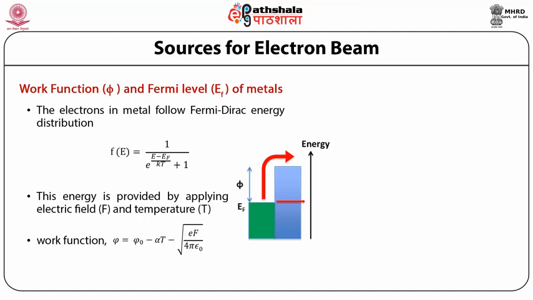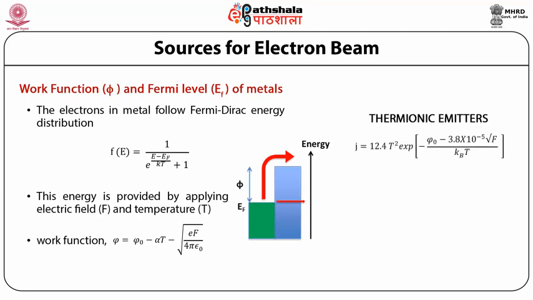The techniques for electron emission from the source material are listed below. Here the types of sources are thermionic emitters, field emitters and photoemitters. First, thermionic emitters. In thermionic emitters, electrons are given thermal energy to overcome the barrier work function of the emitting material.